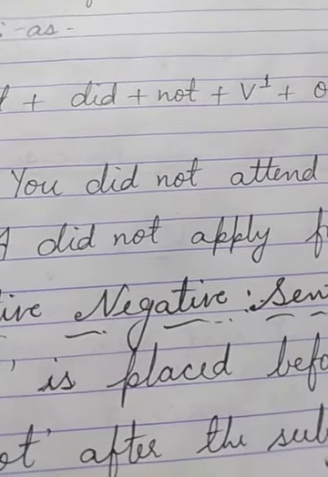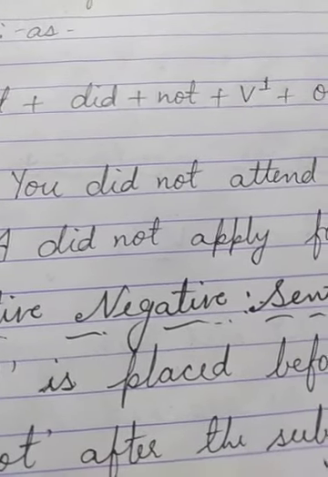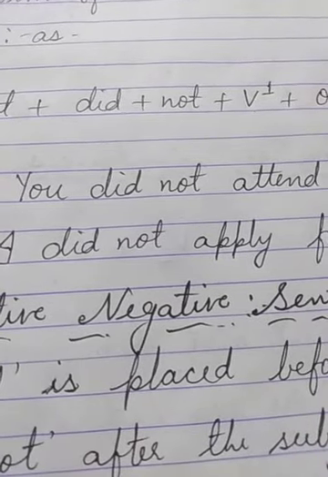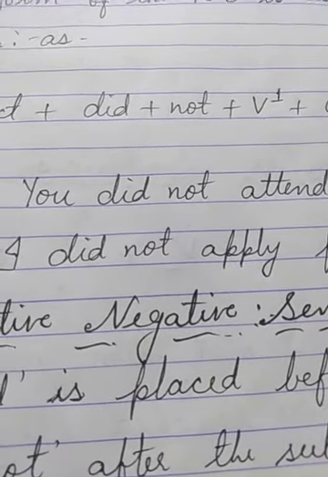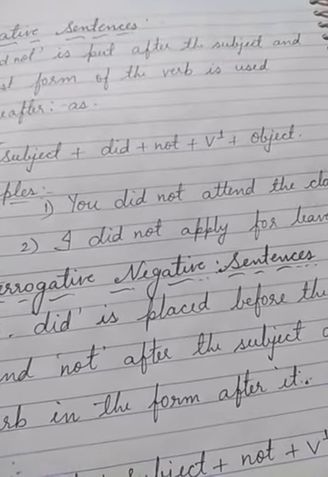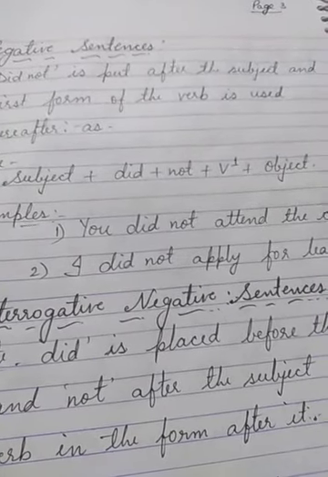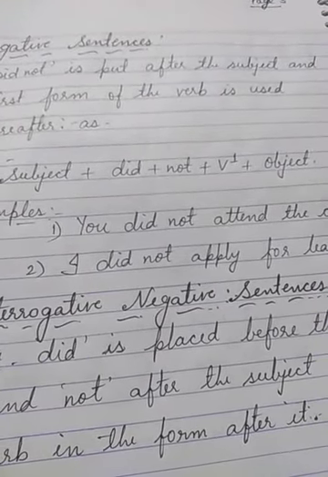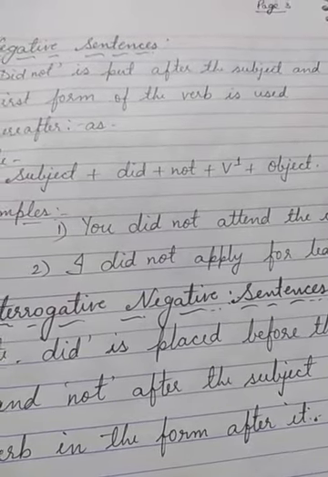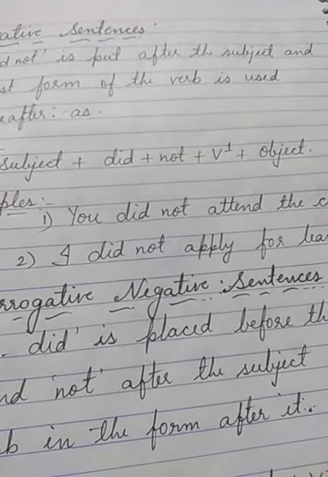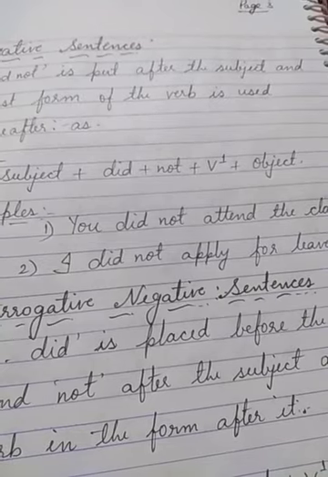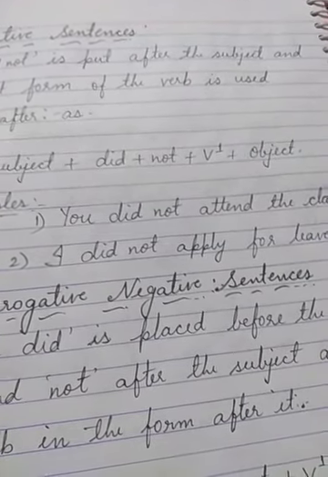So the rule is the same. But what is important is to know the helping verb in each tense. Because if you don't know which helping verb we use here, then how will you write it? So try to learn which helping verb is used in which tense. For simple past, the helping verb is only did.